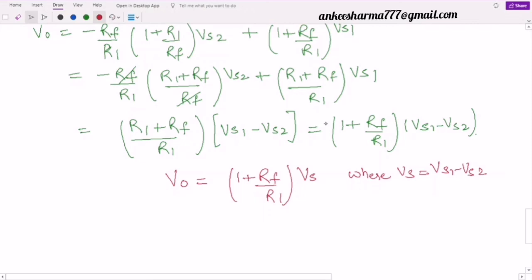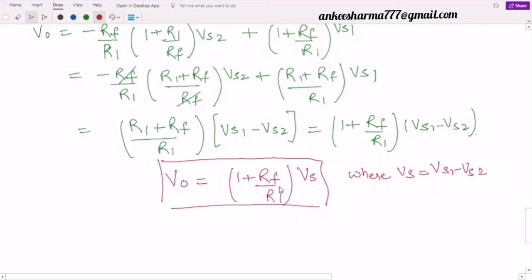So in this way also, by using the two operational amplifiers, we can obtain our output voltage proportional to the difference of the two input voltages, that is VS1 and VS2, with some gain. Is it clear now?